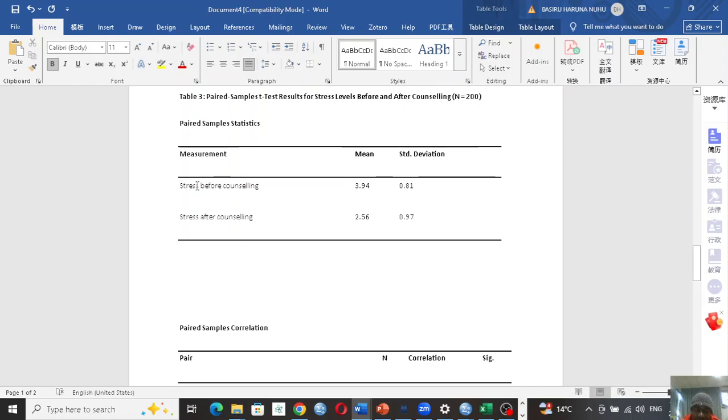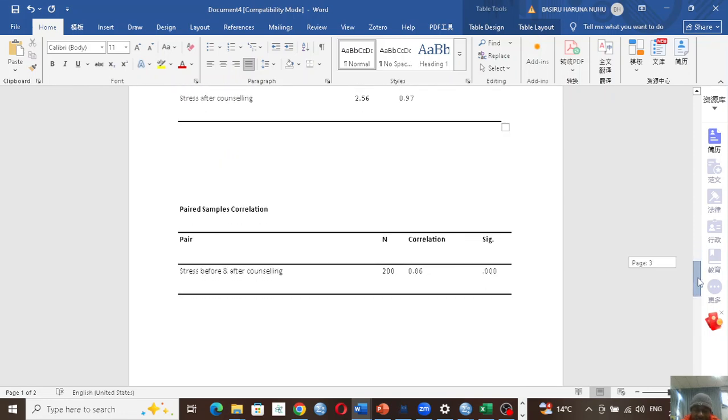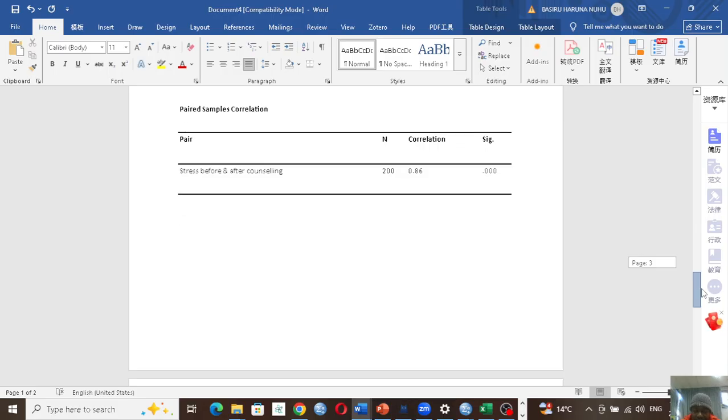That is to say, stress before counseling and then stress after counseling. So now we could see stress before counseling was higher than stress after counseling. But let's see, is this one significant?